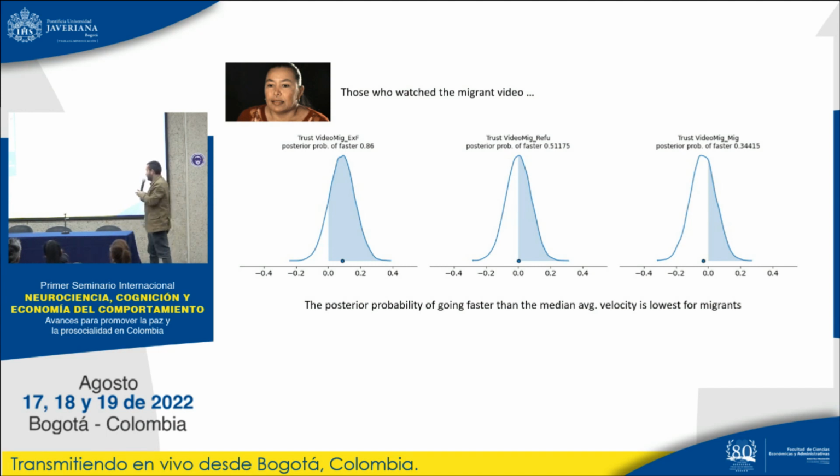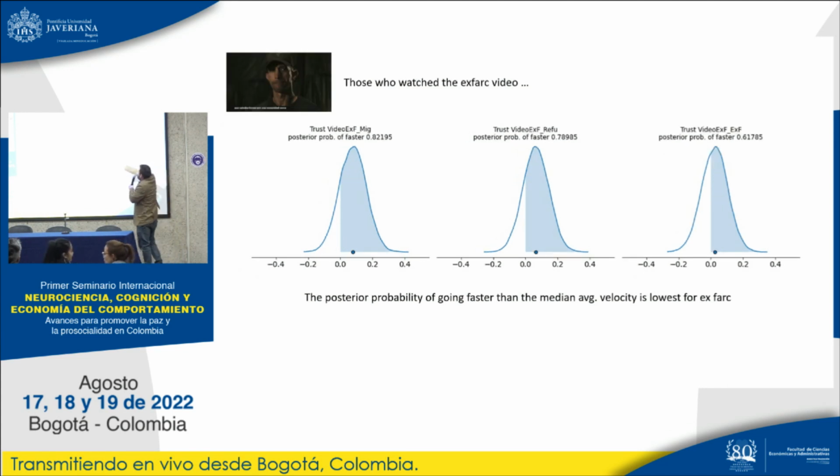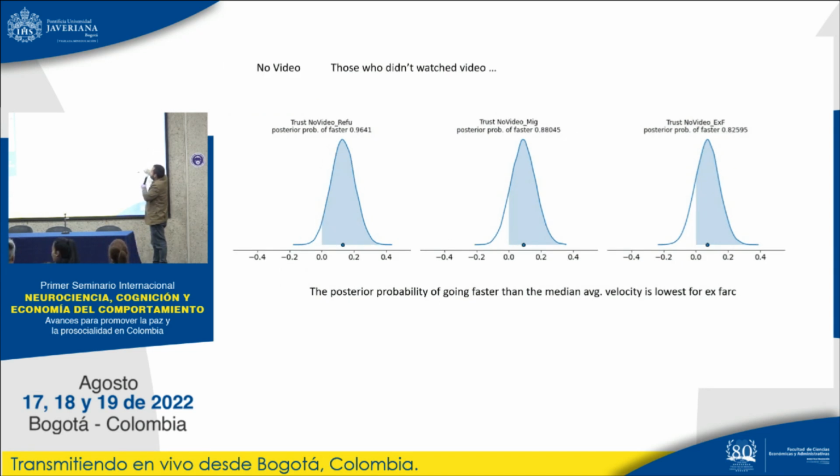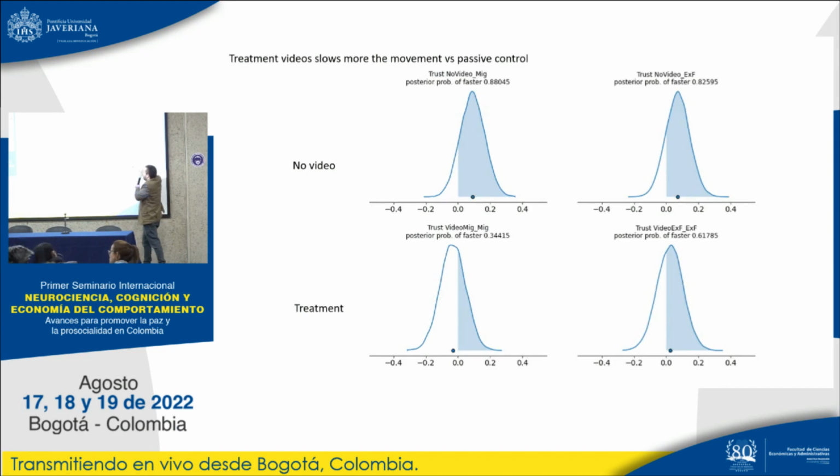So again, this is evidence that this video seems to be changing the cognitive processing. With the former FARC, the same thing happens. The probability of being faster reduces with the former FARC video, and here we can compare with the none, and this is more interesting with the second.